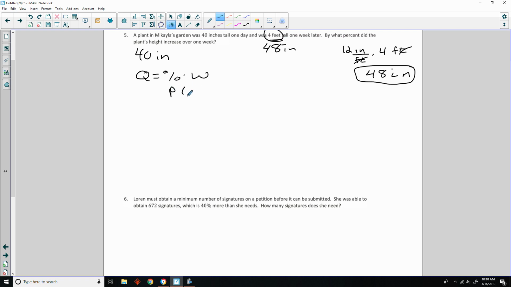So it's percent times 40 equals some quantity. Okay, so it grew from 40 inches to 48 inches, which is a difference of 8 inches. So our quantity is 8 inches, the amount it grew. And then when I divide both sides by 40, I get the 40s to cancel, and my P equals 8 over 40. That reduces to 1/5, which equals 20%.